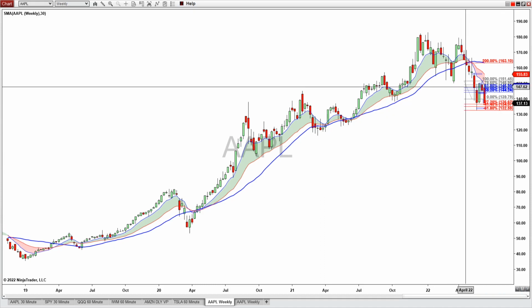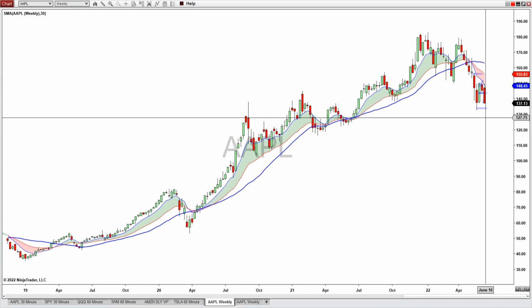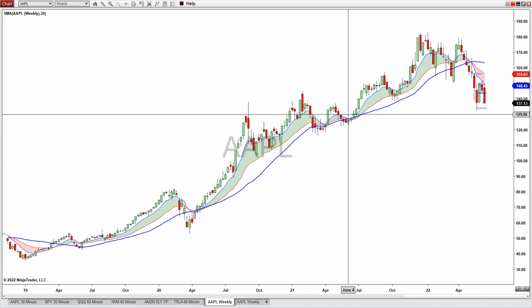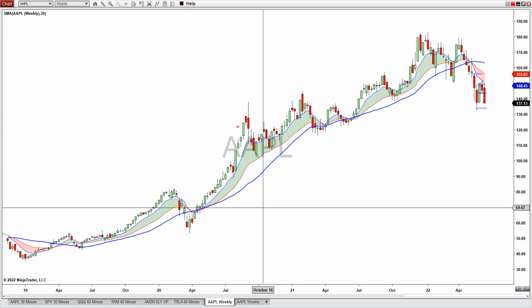Now, if it doesn't make this double bottom move, then we are looking at the possibility of a break below this low. Then we are looking at this 120 area for the next potential support area for Apple. Now, this is for a little bit of a longer term look.